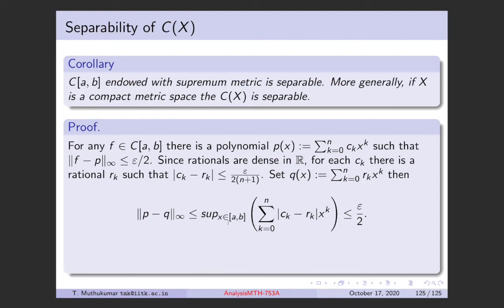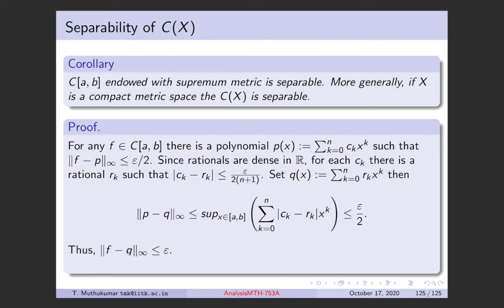This can be chosen because this is the supremum norm. So this is how we chose c_k minus r_k. So this is precisely epsilon over 2, which is why we chose this n plus 1 here. So these two polynomials differ only by epsilon over 2. f minus p differs by epsilon over 2, which means f minus q differs by at most epsilon.